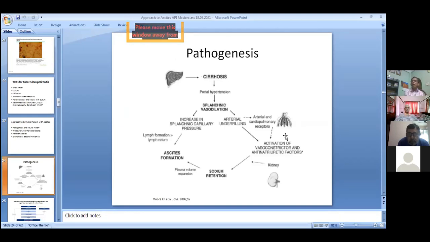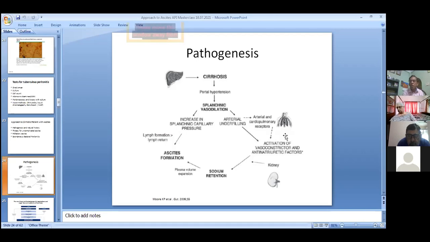In the kidneys there is then activation of the vasoconstrictor mechanisms, the renin, angiotensin, aldosterone system, and later activation of antidiuretic hormone, ADH. Along with that, the splanchnic capillary pressure is high, so there is outpouring of lymph. This is the mechanism by which ascites formation occurs.